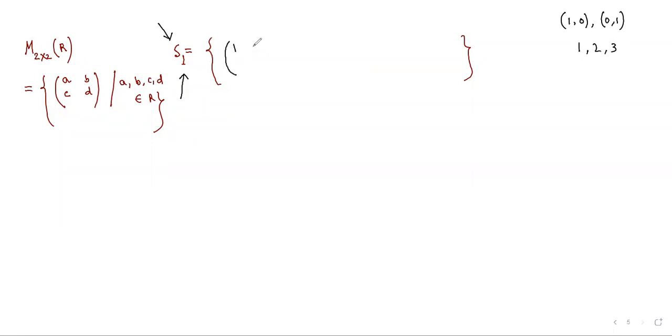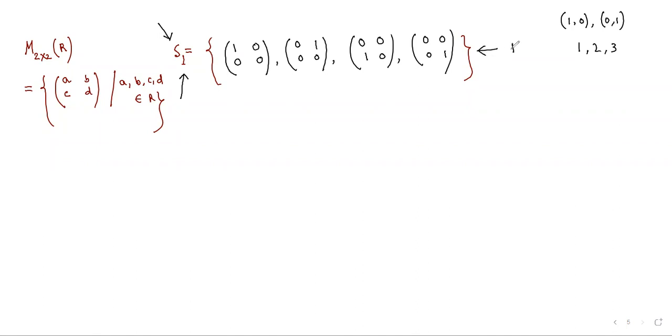Now, if I choose this as the first element, this as the second element, this as the third element, and this as the fourth element. This is your task: right now you can avoid it, but after class you try to show that it is a linearly independent set.